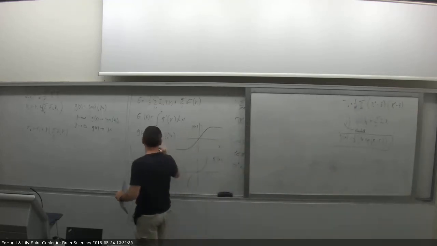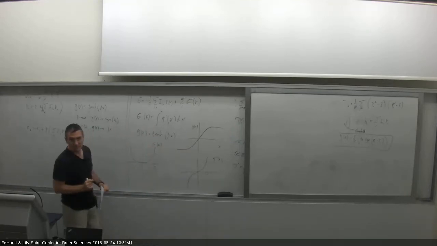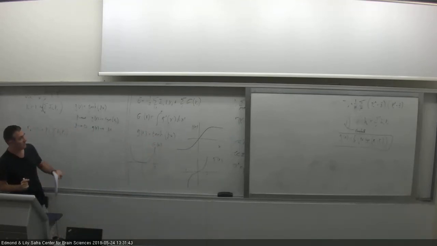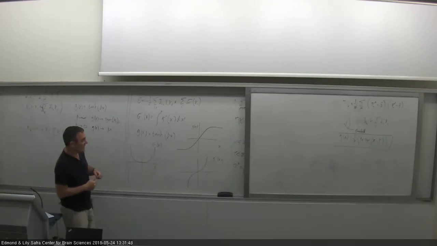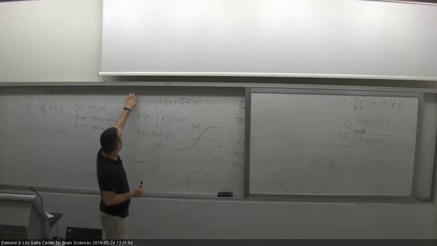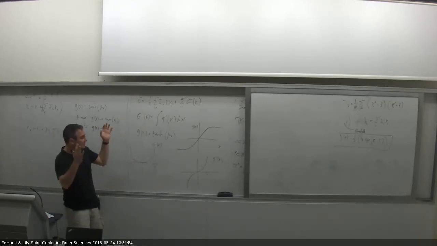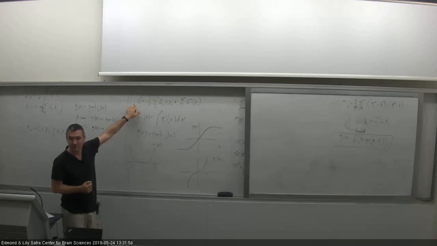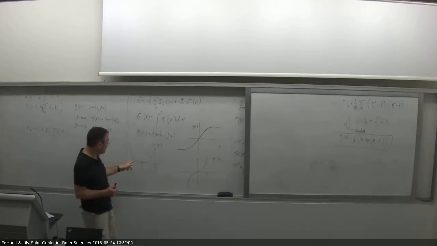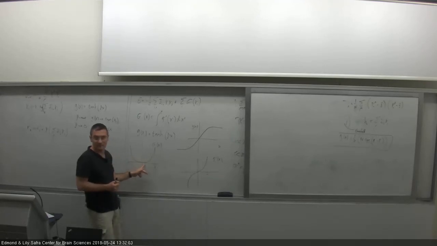So what is the role of capital G of x in this set of equations? Remember that the dynamics, thinking about it in the framework of this Lyapunov function, reduces the value of E. The value of E is minimal at 0.